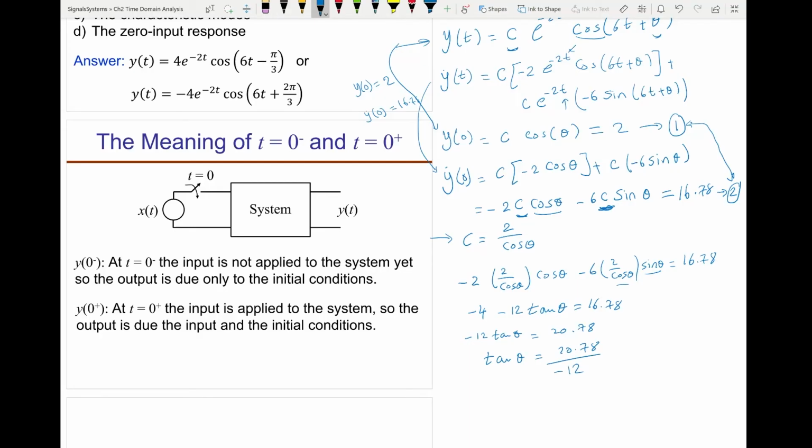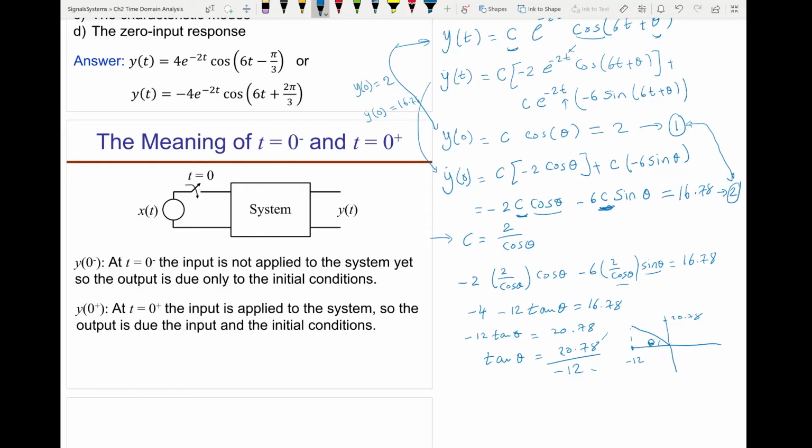Now, be careful. If you use your calculator to calculate this, you will get about minus 1.047 radians. But tan theta is opposite divided by adjacent. That means opposite is 20.78, and adjacent is minus 12.